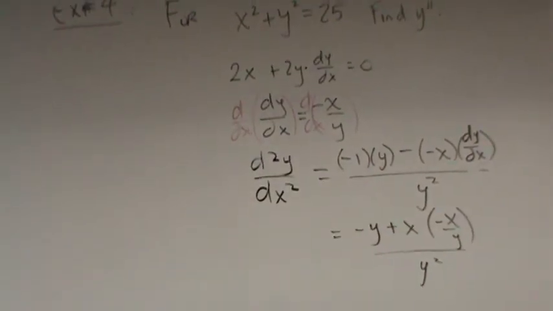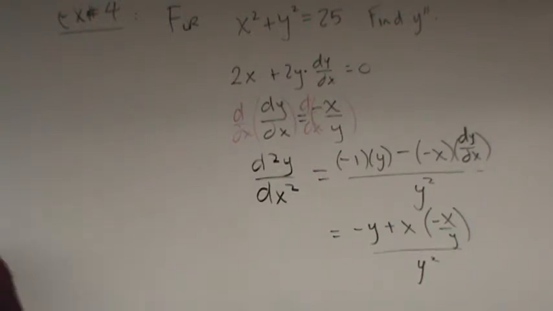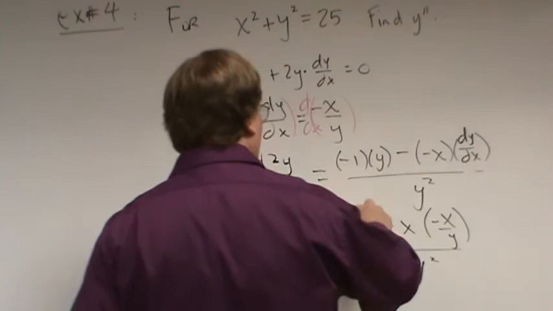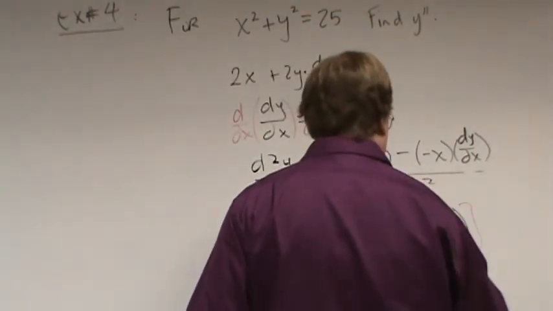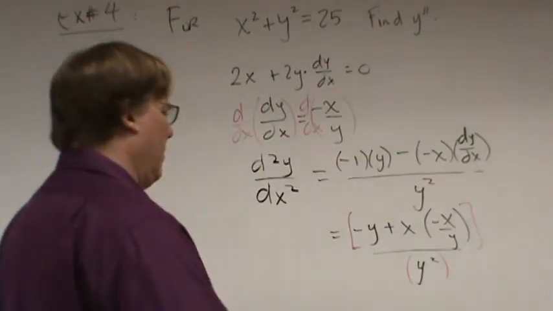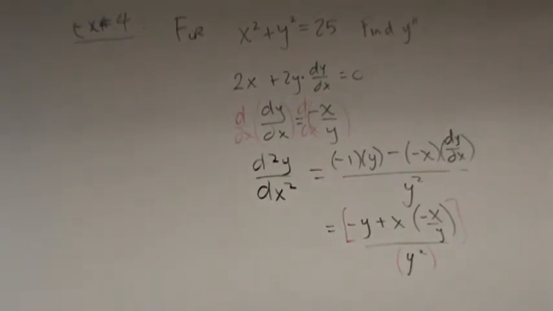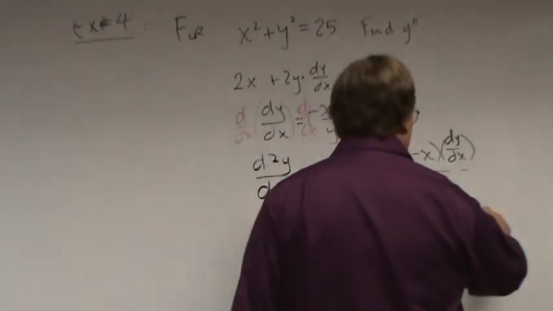I'm going to simplify this. Something I was showing my son yesterday: he's in calculus AB. That's what they offer at Claremont. They offer a year of AB and a year of BC. I had to remind him last night how to deal with complex fractions. So I'm going to remind you guys as well.